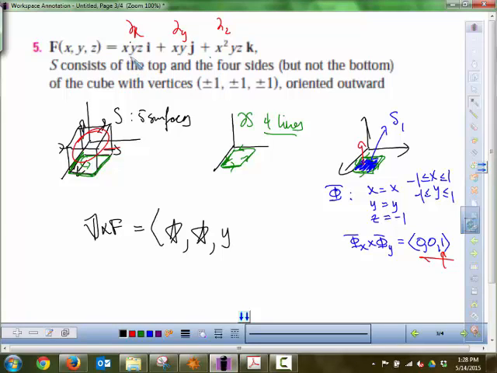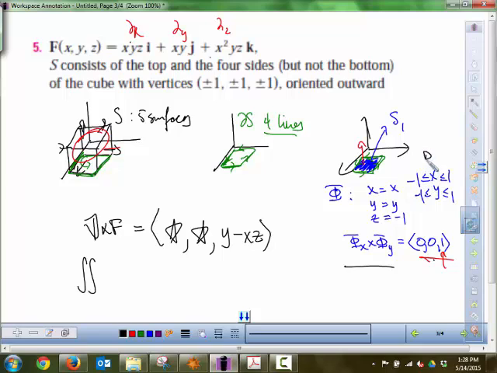I'll take the derivative of this with respect to y. That looks like an xz. Okay? Why did I not care? Because in the integral, I'm going to dot with my cross product here, with my normal vector, and it has zeros in the first 2 components.